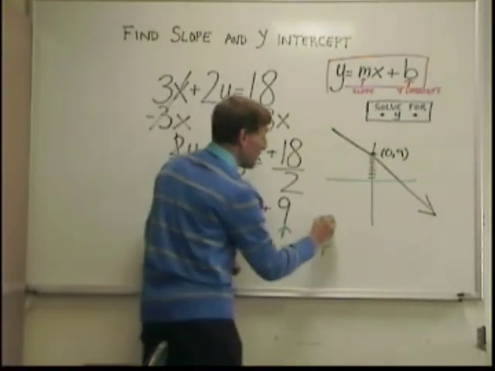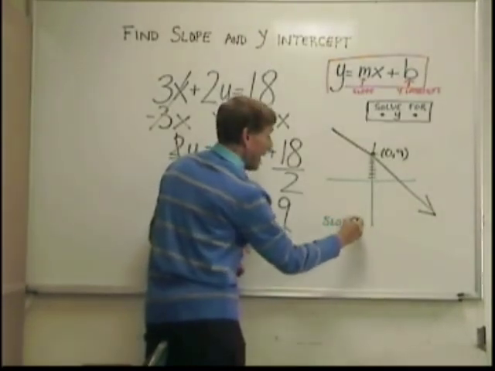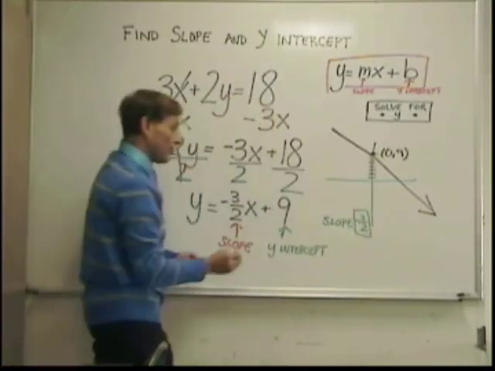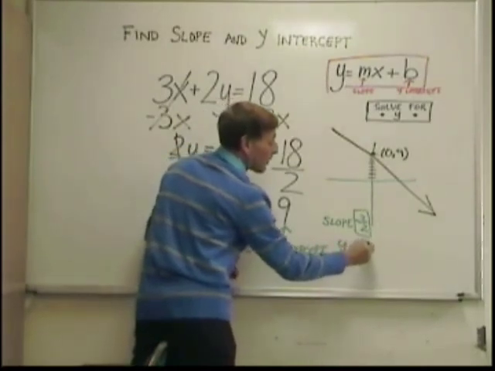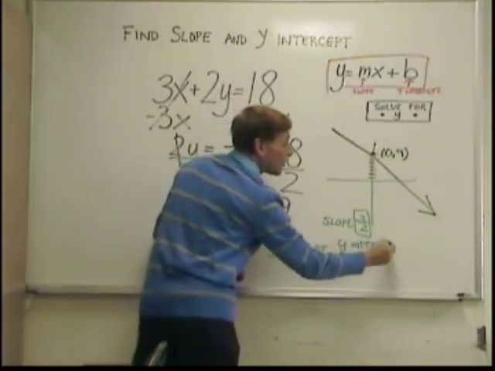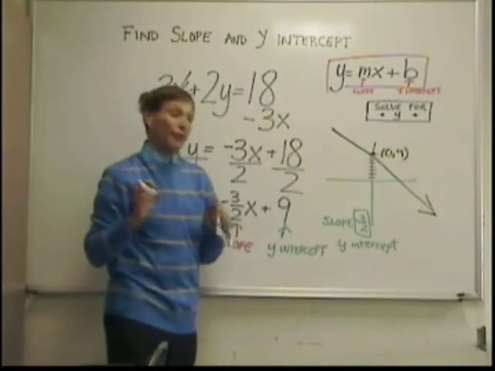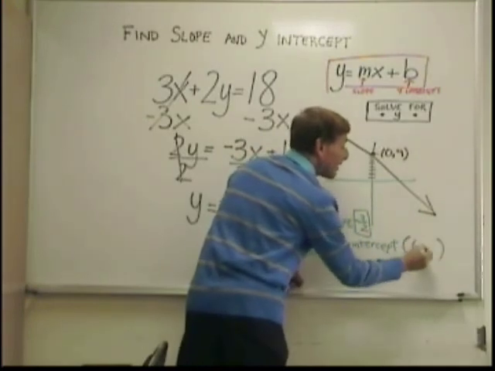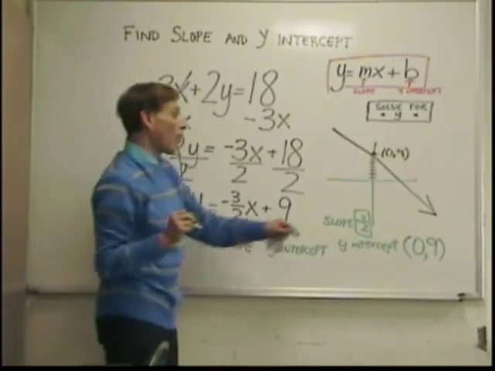So it would look like this. My slope would be negative 3 over 2, and my y-intercept, which will be written in coordinate form, so you make your parentheses, 0 on the x, 9 on the y.